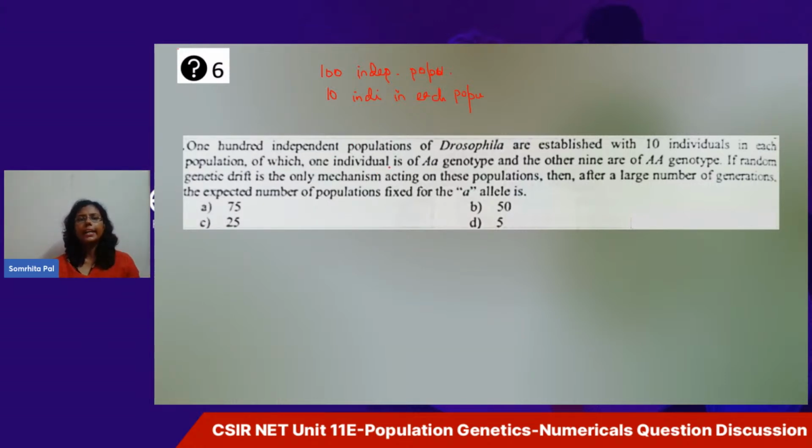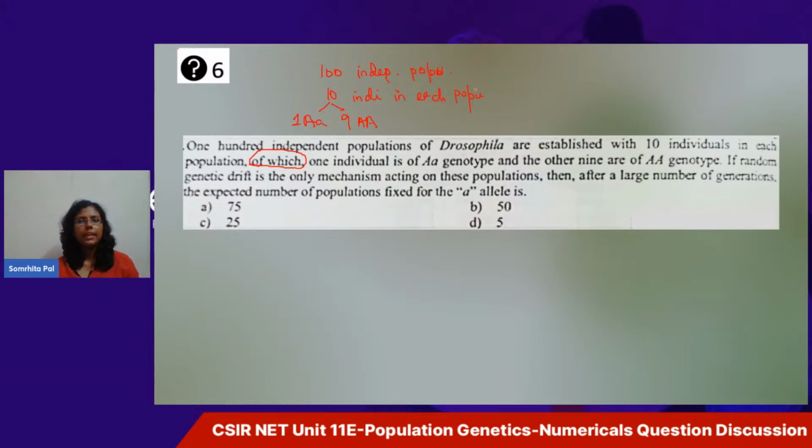Of which one individual is heterozygous genotype and the other 9 are homozygous A. What do I mean by of which? In these 10 individuals, I have one who is heterozygous A and 9 are homozygous A.